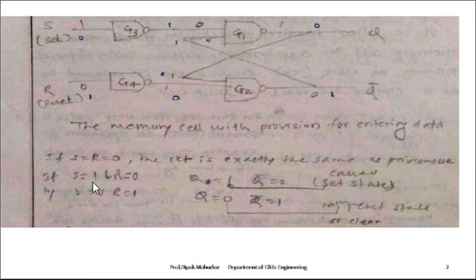Now we consider S equal to 1 and R equal to 0. What will happen? If it is 1, it is 0. If it is 0, then obviously it is 1. Again this 1, one terminal of G2 is 1 and here it is 1, so its output is 0. So here is 0, here is 1, and 0 means again it is 1.